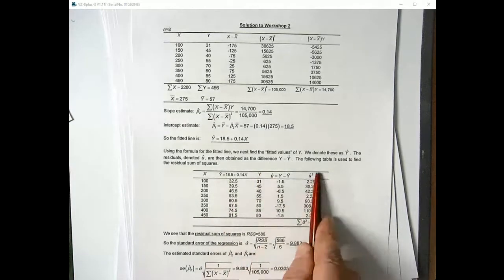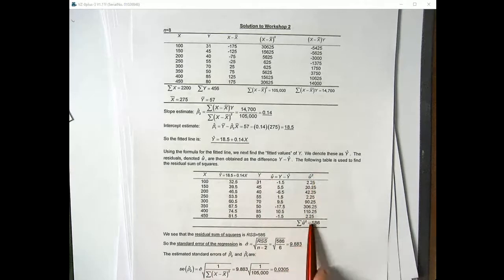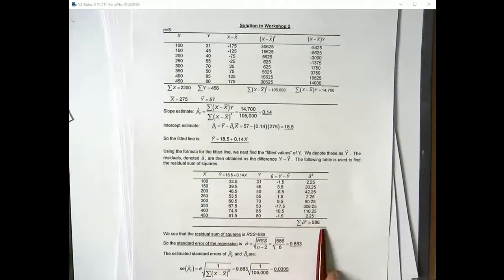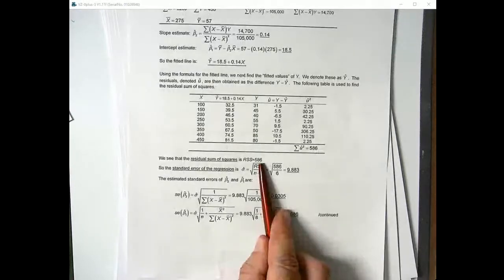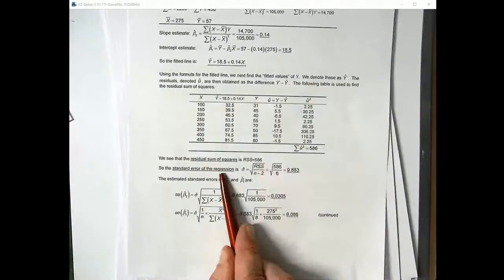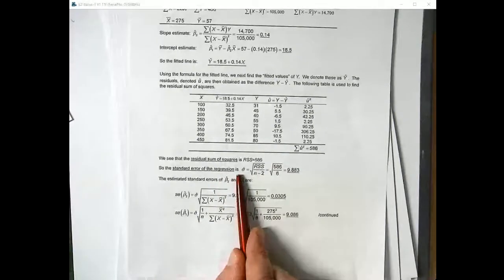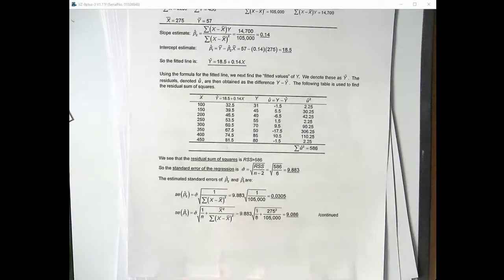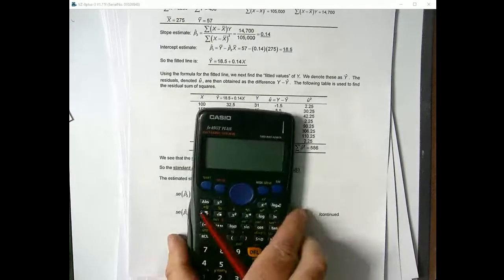Then you work out the squared residual, u hat squared, and then you find the residual sum of squares, which is the sum of those numbers there. Residual sum of squares is 586. And then you work out the standard error of the regression. Now, all we're doing here is we're using the formulae that are on the formula sheet. And the intention was to use a calculator to do this.